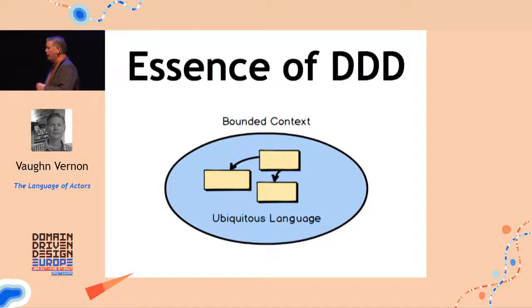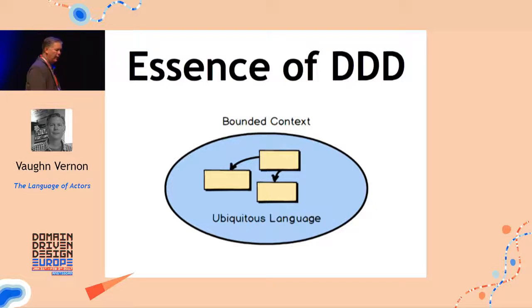So the essence of domain-driven design is developing a ubiquitous language inside a bounded context. Obviously everything that I'm discussing here is framed within the discussion of a bounded context. And a ubiquitous language can be created with an object model.